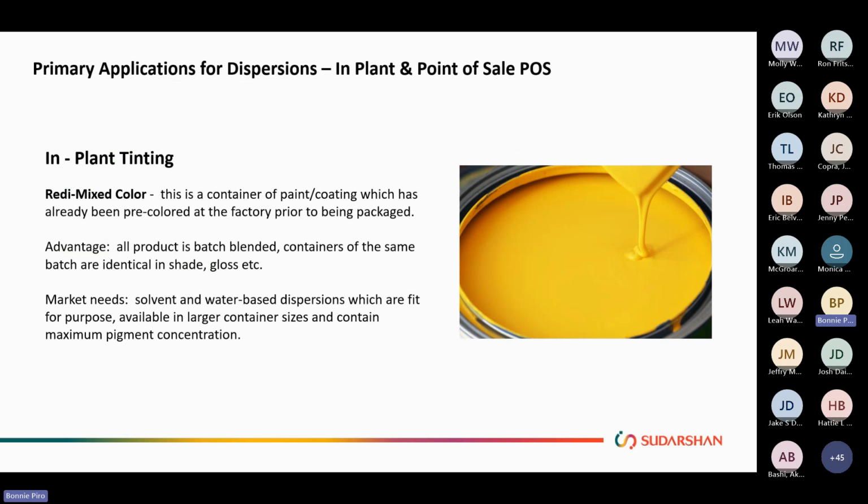If we back up a little bit into an in-plant type of tinting system, which is really just an expansion of the point of sale, the colorant set is usually larger, and also these are ready-mixed colors in large batches that a jobber would tend to purchase for an application.